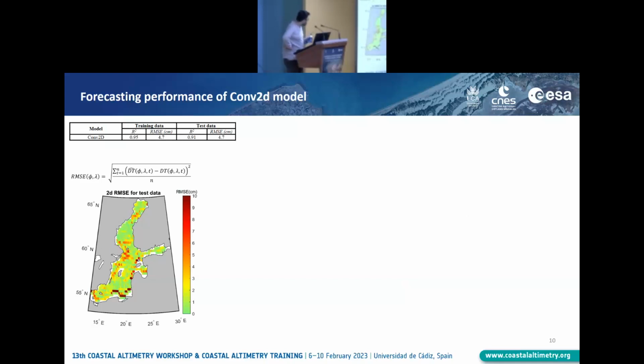We also plotted a spatial RMSE plot for the test data for around 6 months of 2019. As you can see, for most of the grid points, the errors are within 5 centimeters. Of course, there are some grid points in the southeastern part of the Baltic Sea where we can observe higher discrepancies, like 10 to 12 or 13 centimeters.